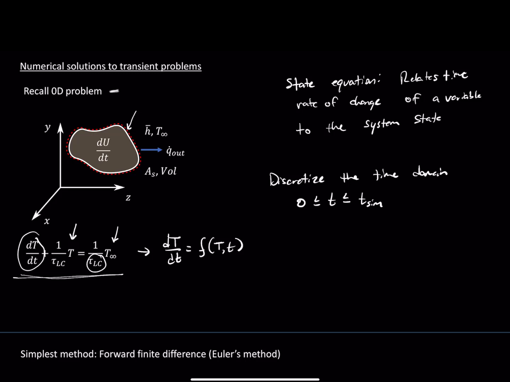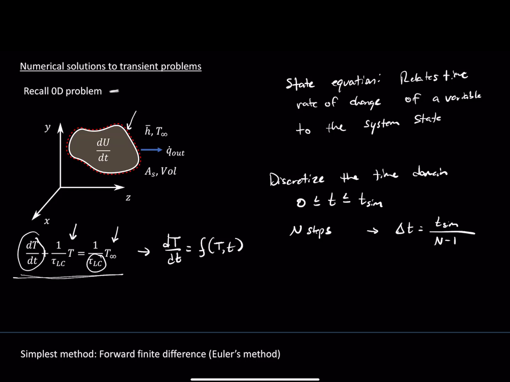We're going to break this into n steps, which means that delta t, the time step, is equal to t sim divided by something related to n. We're going to have our first discretization at time equals 0, and our last discretization at the end of the time simulation. So again, we're going to have n minus 1 segments or steps that we're trying to estimate.